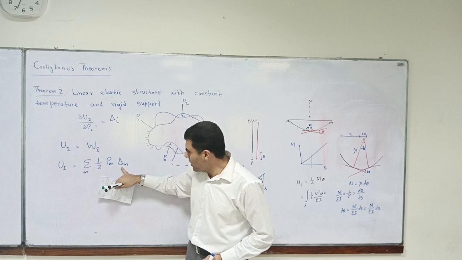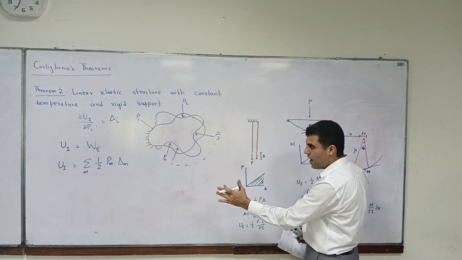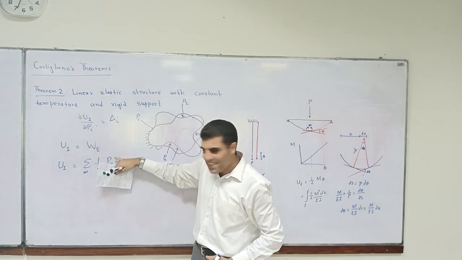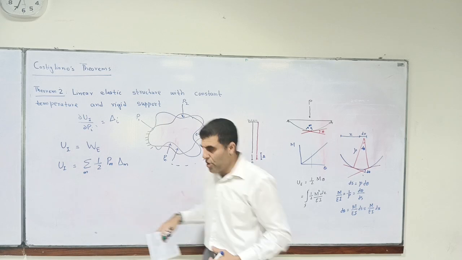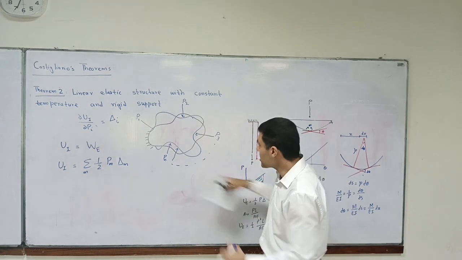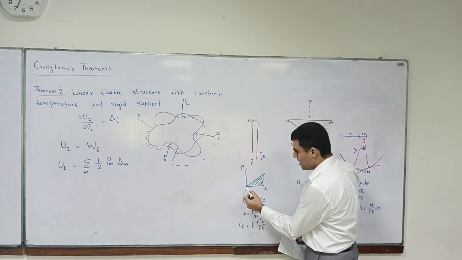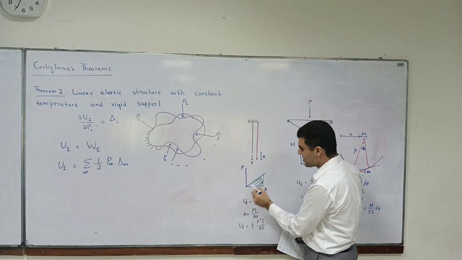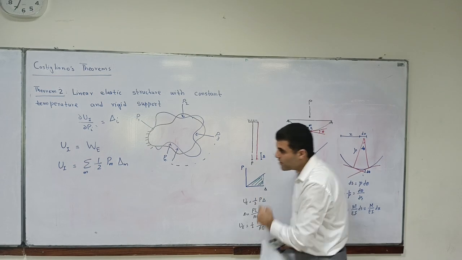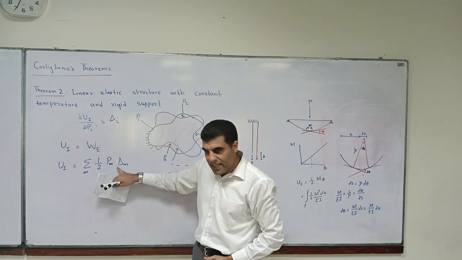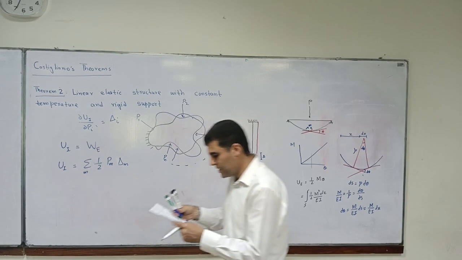In other words, as I told you, if we have a P delta curve and you keep applying all the loads onto the structure, what will happen? If you are in the linear elastic range, the internal energy is the area under the curve, which is half load into delta. So that is our internal energy.